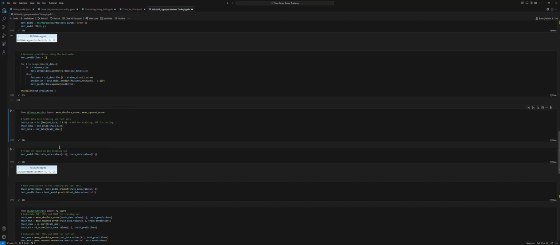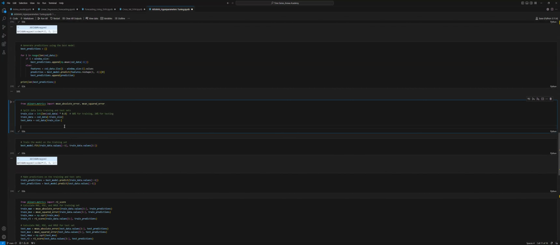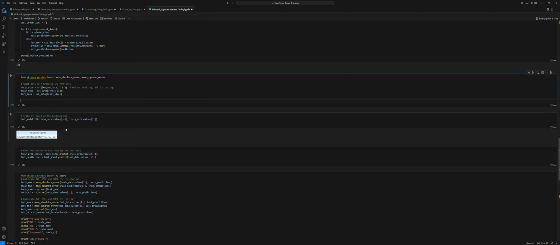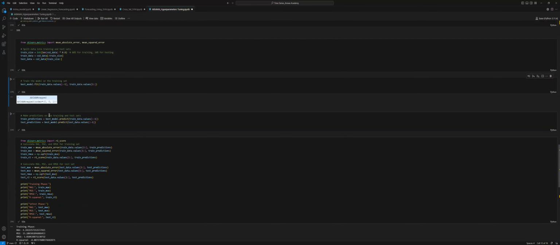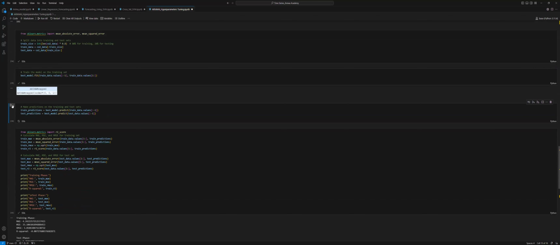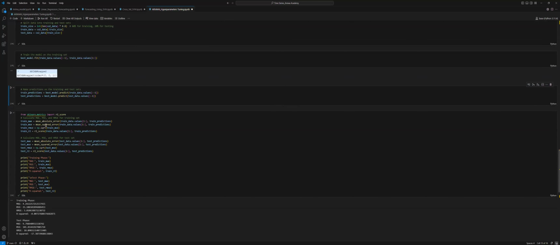So after we train and test our model, so now training the best model on the training set. Now we are training the model on the training set. And now we are making predictions.